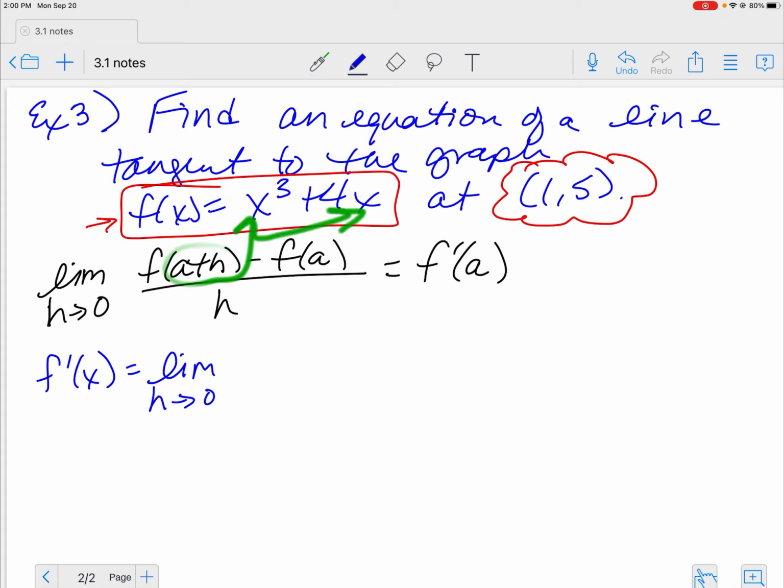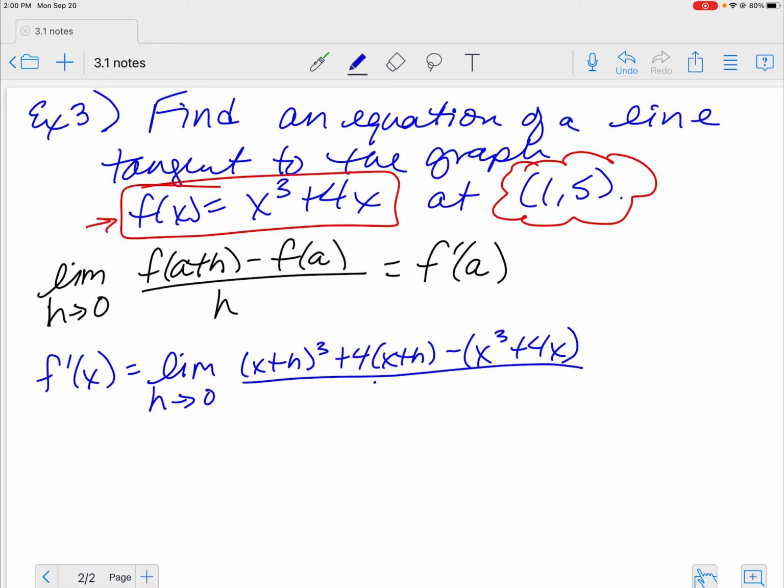Remember the difference quotient, we have to plug that in. So I have x plus h cubed plus 4 times x plus h minus the actual function x cubed plus 4x all over h. Now, ladies and gentlemen, we algebra.